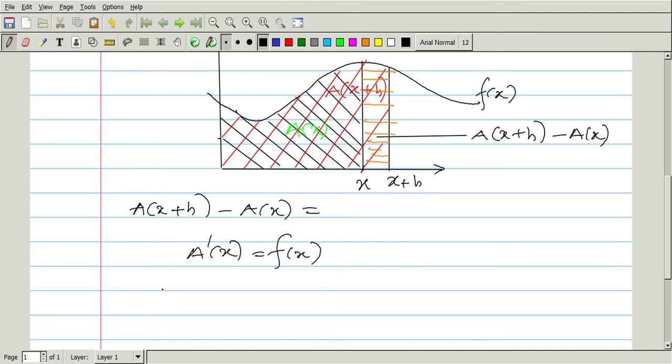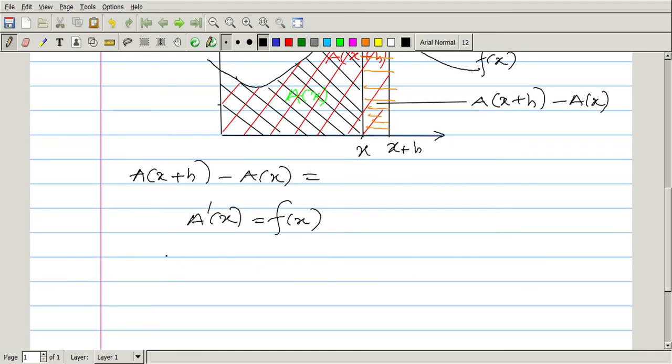If I write the definition of A dash x according to the definition of limits given by Sir Isaac Newton, I have to prove that A dash x is equal to f of x. First of all, let me cancel this.